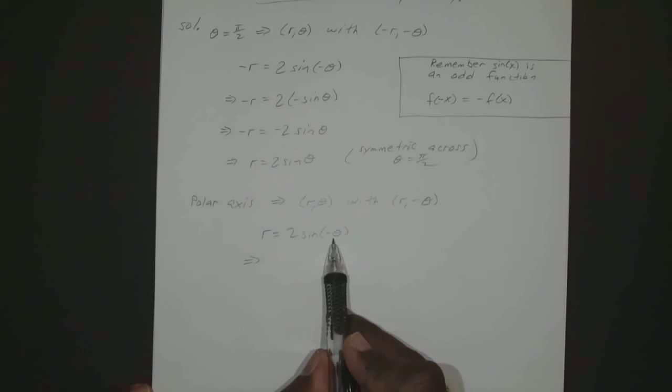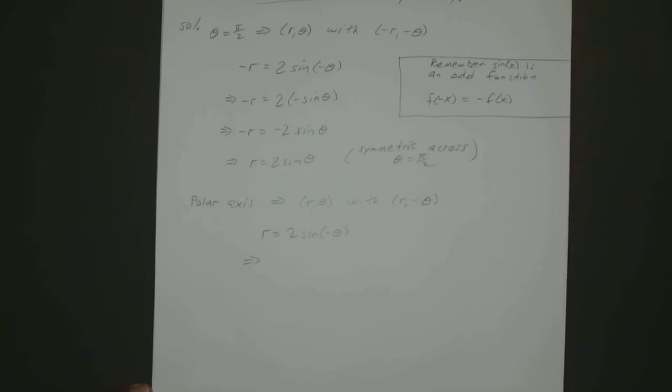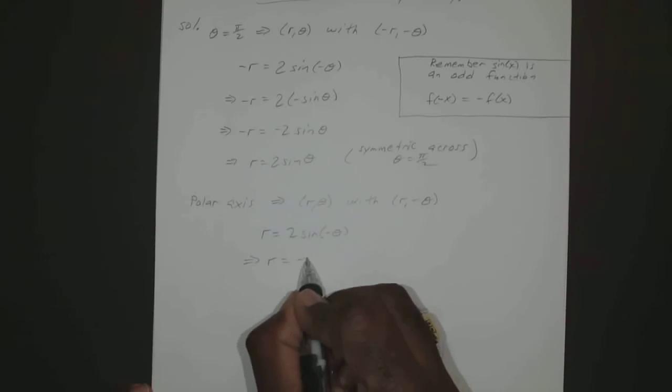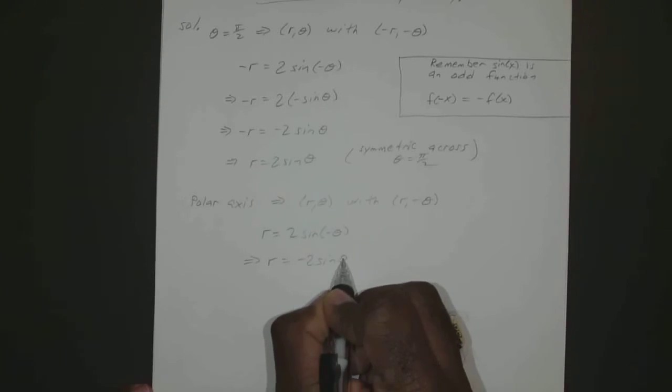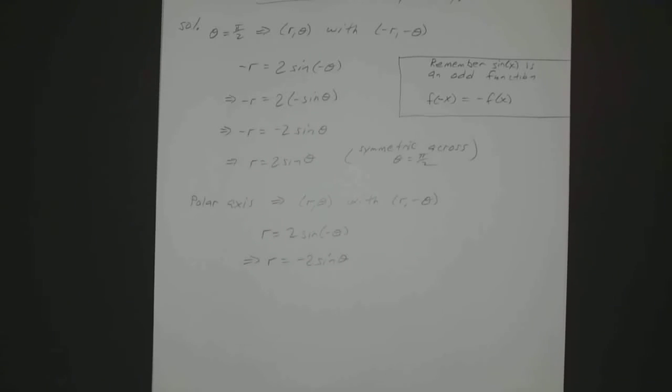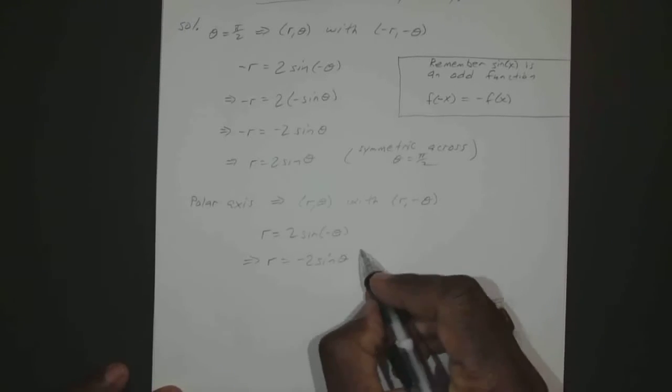Okay, again, that's an odd function, so we just pull the negative right out to the front. So negative 2 sine of theta. It's not symmetric across the polar axis because it's not equal. R is equal to a completely different number.